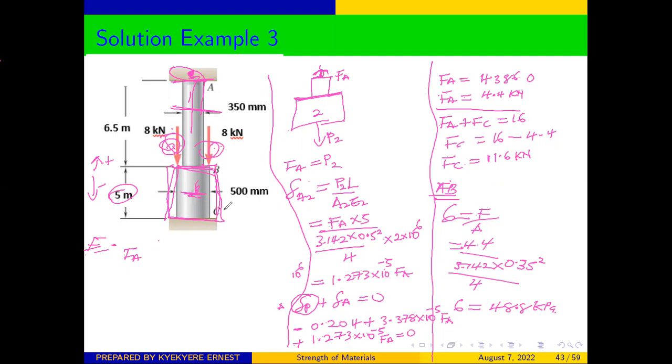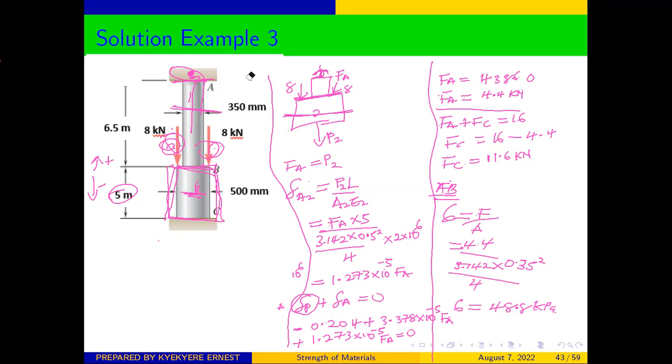or you can just draw the free body diagram. So if you want to get the force here, if you cut this side, don't forget that this is 8, this is 8. So when you cut through the second section, you can get the force as P2. Let me draw the free body diagram for you to see very well before we continue with that.